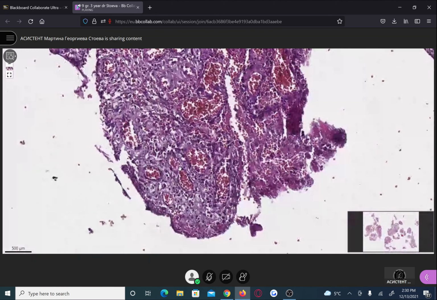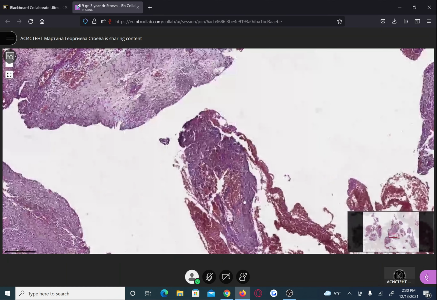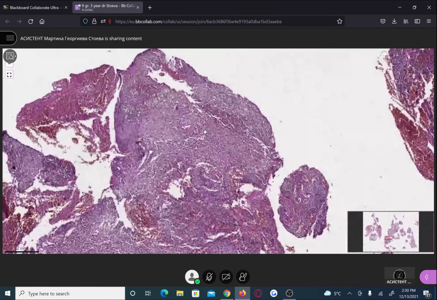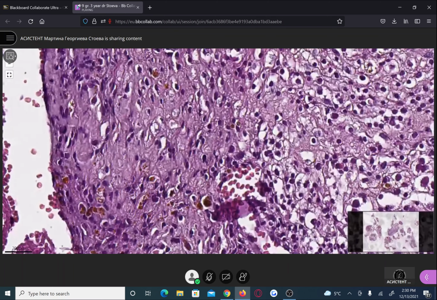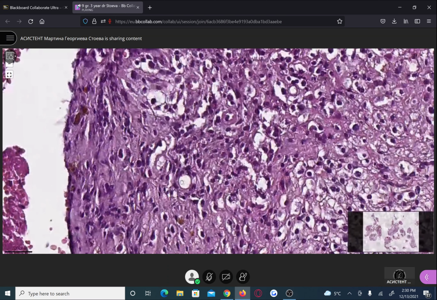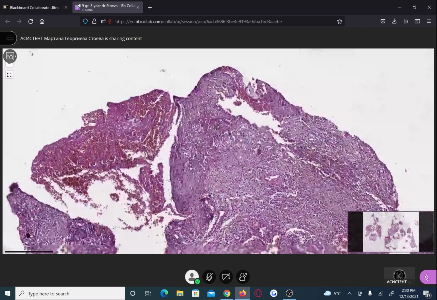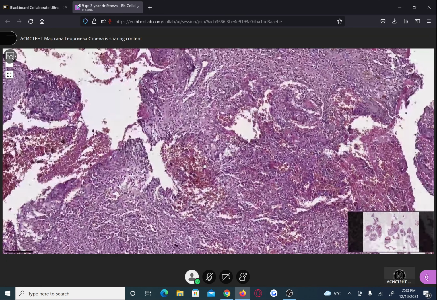Perhaps this is just taken from an area with an early formed granulation tissue. Here we can find some fibroblasts as well. Some hemorrhages are visible. Of course, they are always present when we can find so many siderophages.